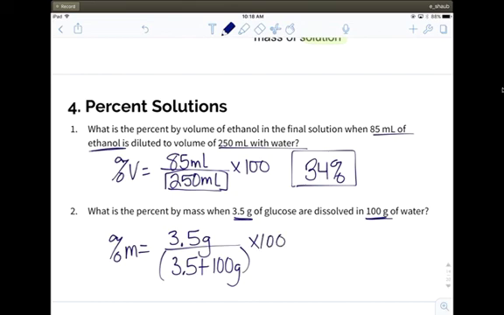So since I didn't say it's dissolved to make a total solution of 100 grams, since I'm telling you that the glucose is being added to the 100 grams, we have to add that as my final solution on the bottom. So if I just divide those values and then multiply it by 100, I get a percent solution glucose to be a 3.38% solution by mass.